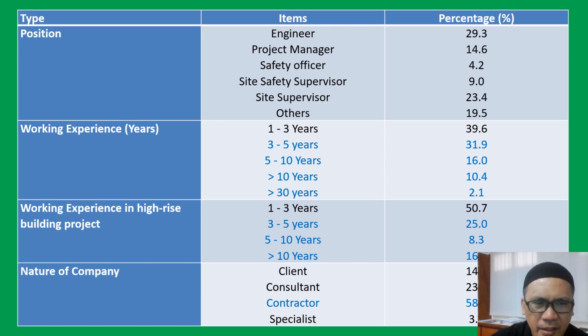It is 31.9%. And then we look at the working experience in high-rise building projects. 50.7% have 1 to 3 years of experience, and then the rest have 3 to 5 years of experience. And then the nature of company is mostly from contractors and consultants.